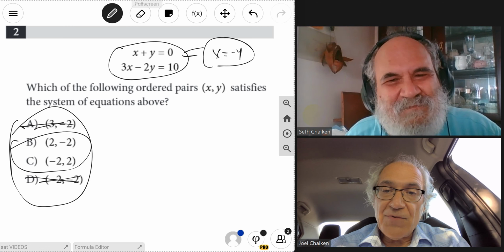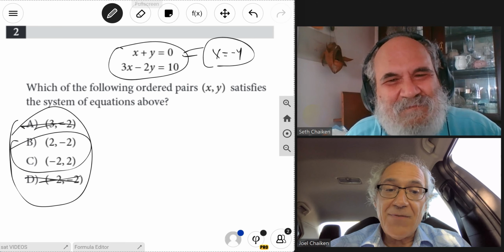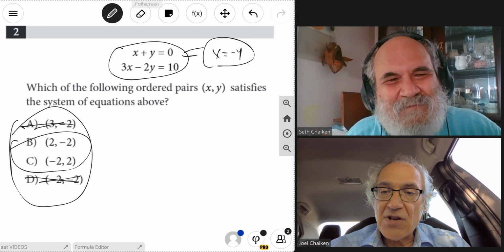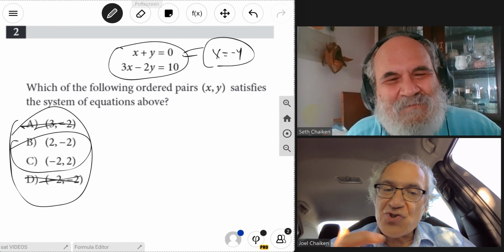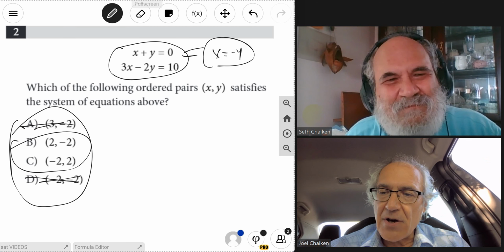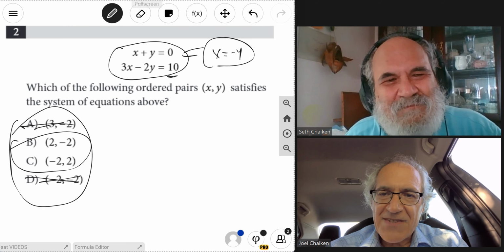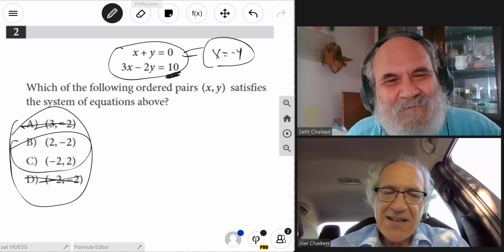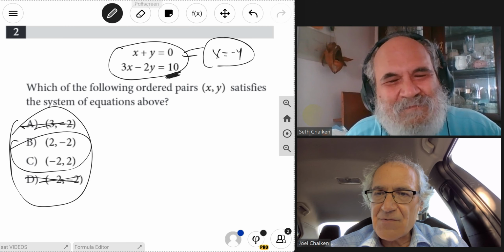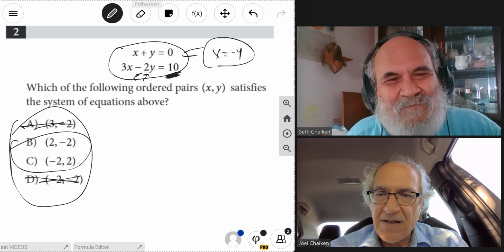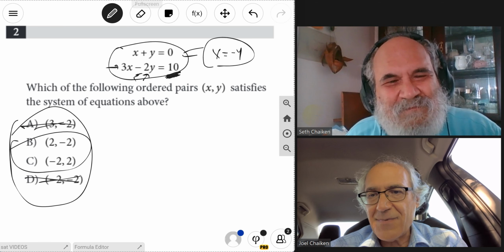Now, you could do full substitution, which we'll do at the end of the video as an optional part if you want to watch it. But let's try to see if there's another trick, pattern, special coincidence here. All these numbers, 3, 2, 2, 2, are small, except this positive 10. How are you going to get a positive 10 with these? You have a negative here. Really, the only way to get a positive 10 is for this thing to be positive, because this could be negative, this could be positive.